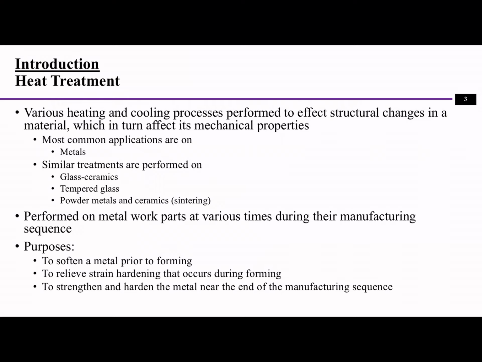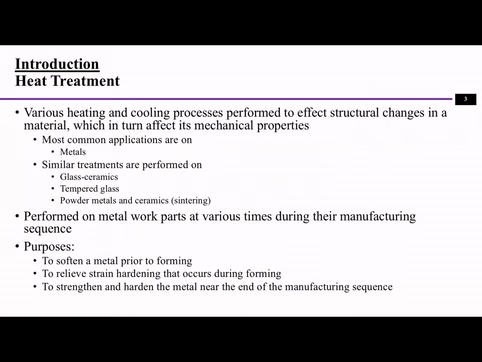It can also be performed on some other materials, for example glass and ceramics, as well as some powder metals. Heat treatment can be performed at different stages of the manufacturing process. For example, on the raw material before everything is processed, we can soften the metal before forming so it can be easily formed, reducing energy consumption and cost.